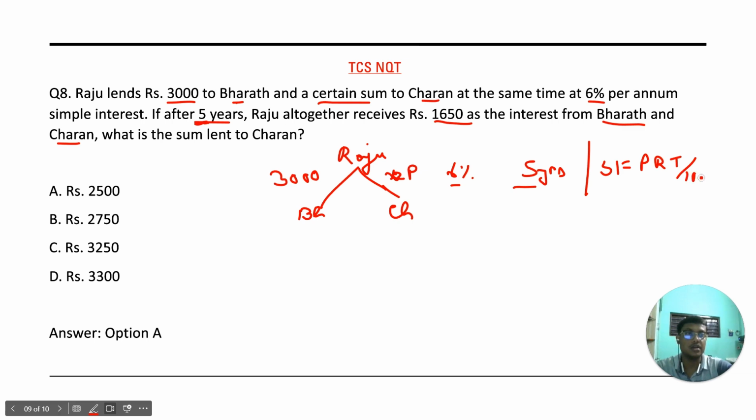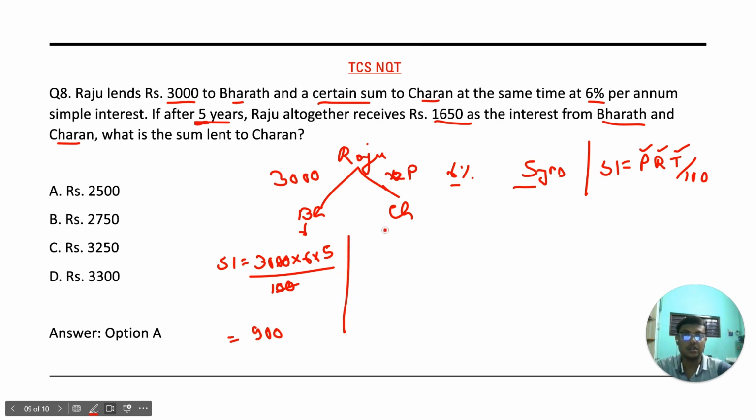Also, as you know, simple interest can be calculated as PRT by 100, where P is the principal amount, R is the rate of interest, and T is the time. So for each of Bharat and Charan, we can calculate the simple interest. For Bharat, simple interest would be equal to 3000 into rate of interest 6 and term 5 years divided by 100. Now we can cancel out two zeros.